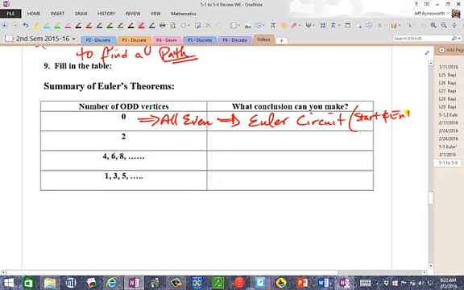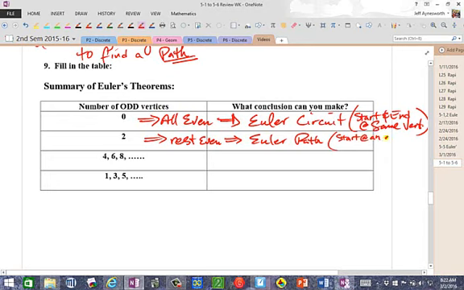If you have exactly 2 odds, the rest even, that tells you that you have an Euler path. In that case, you start at an odd and end at the other odd.